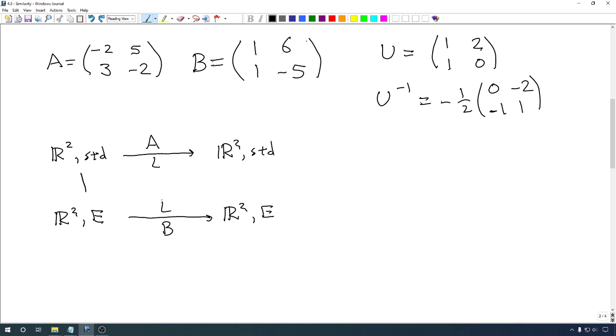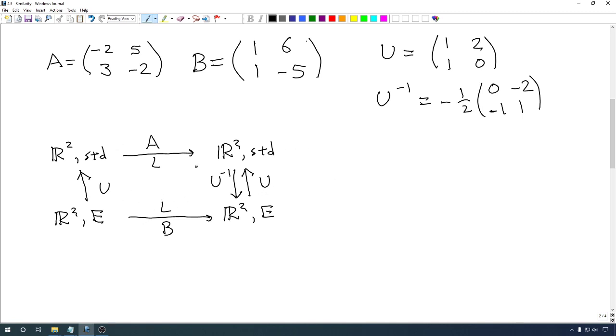So let me make that more vertical. Going from here to here is just represented by multiplying by U, our transition matrix. And we can do the same thing over here because it's really just the same operation. Of course, if we want to go the other way, from the standard basis to E, we'd have to instead multiply by U inverse. This is really a bidirectional arrow, where going one way is multiplying by U, going the other way is multiplying by U inverse.